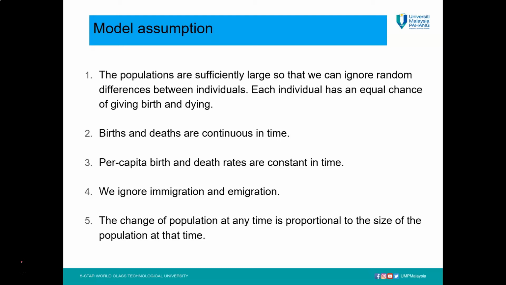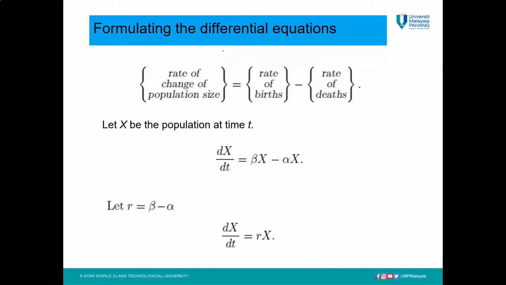Births and deaths are continuous in time. The third assumption is per capita birth and death rates are constant in time. Number 4. We ignore immigration and emigration. And the last assumption is the change of population at any time is proportional to the size of the population at that time.